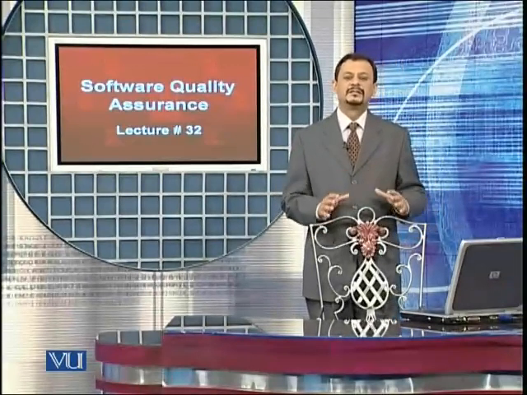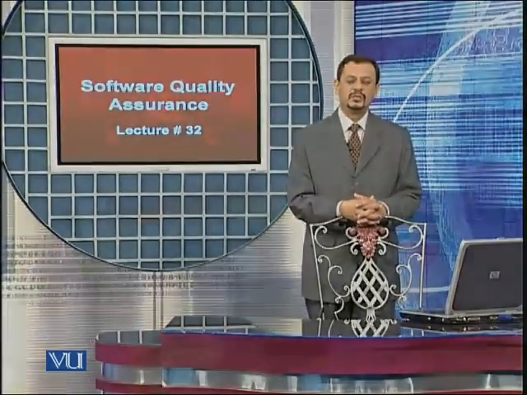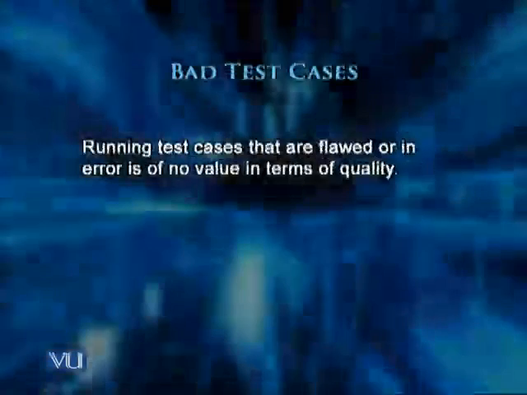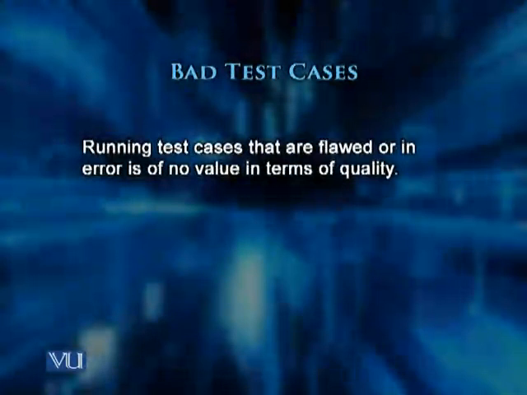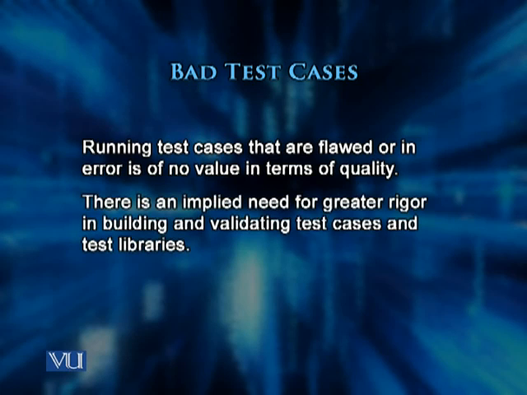As a result, if you run tests based on bad test cases, that adds no value in terms of your software testing effort or quality assurance activities. So there is an implied need for greater rigor in building and validating test cases and test libraries.